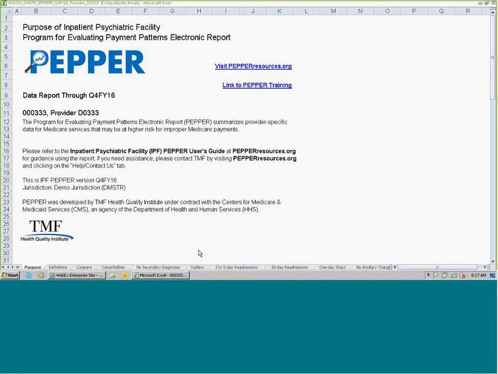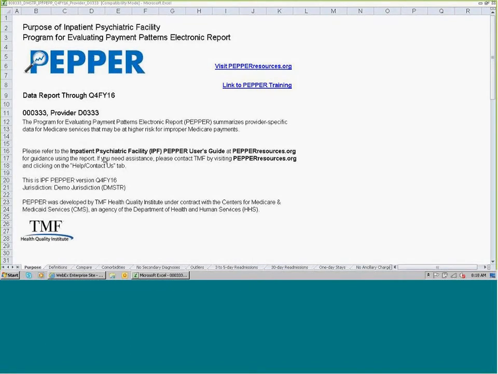The first page that you'll see when you open your PEPPER is called the Purpose page. It will identify for you the most recent time period of statistics that are summarized in the PEPPER. It will identify for you here the provider number or the CMS certification number and your provider name.